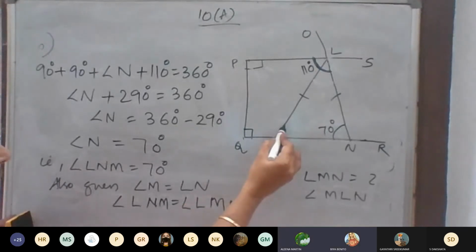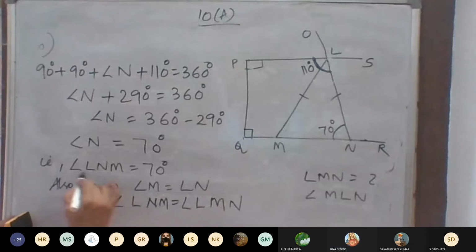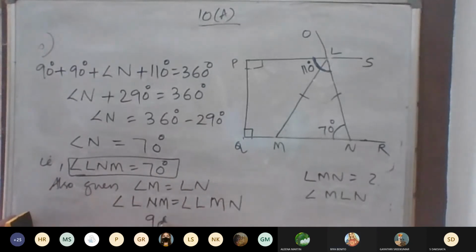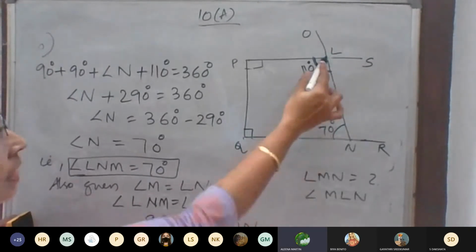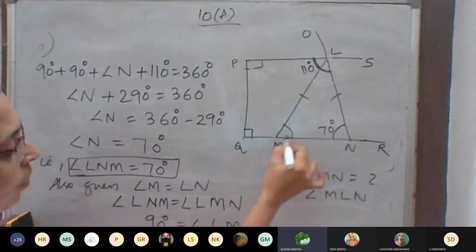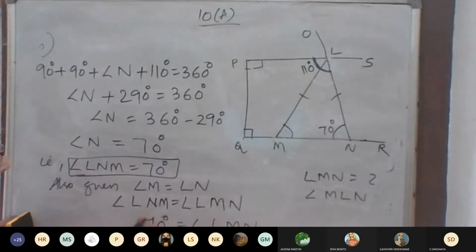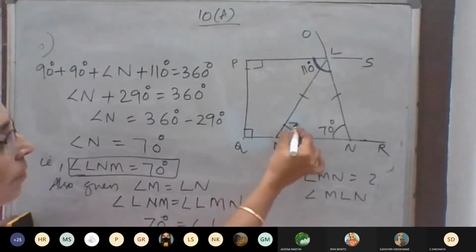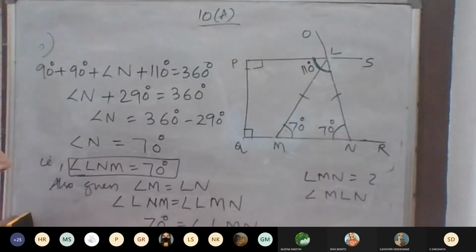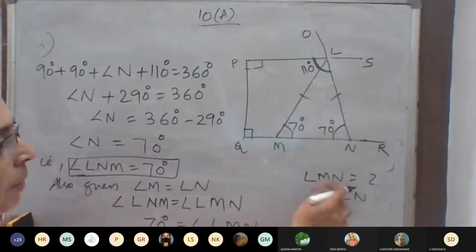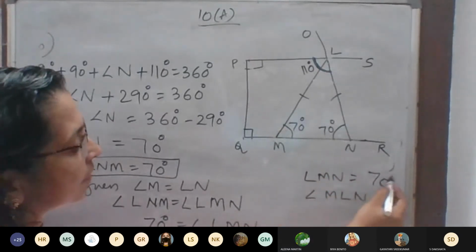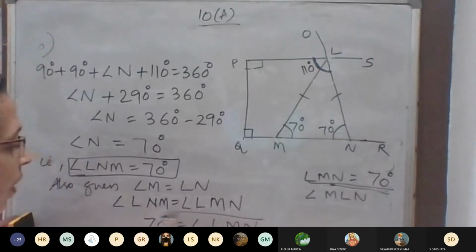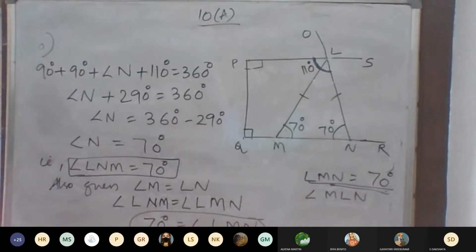These angles will be equal. We have angle LNM is equal to 70 degree, which is equal to angle LMN. So LMN also will be what? 70 degree. LMN is equal to 70 degree. First part we got.